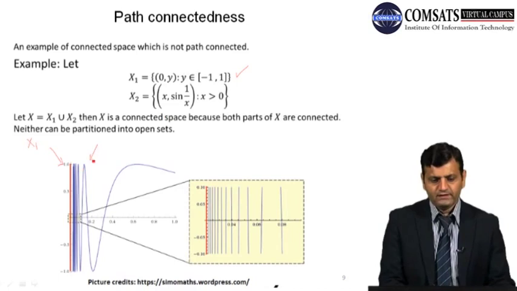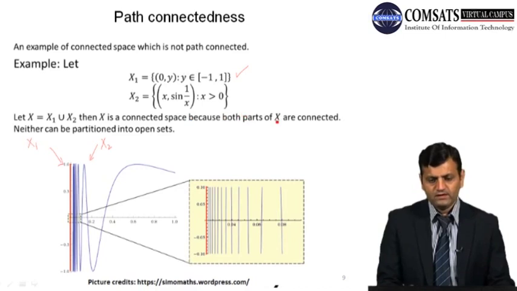This blue line is X2. Take the union of X1 and X2, then X is a connected space because both parts of X are connected, and neither of the parts can be written as a union of two open sets. So that's why we can say that X is a connected set.